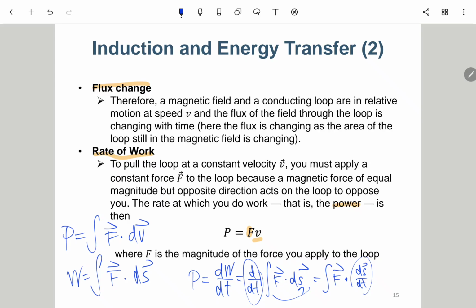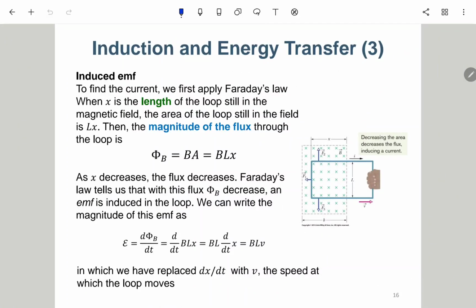So power is the work done per unit time. Okay, so here we consider the induced EMF. First we have phi B. Phi B will be B times A. We just assume the B field is uniform.